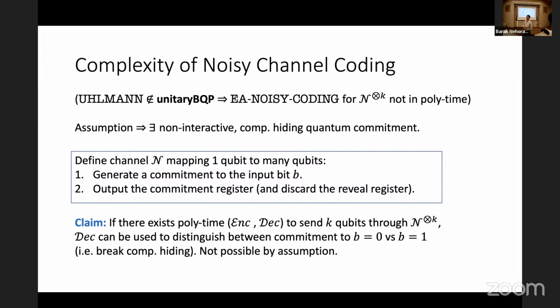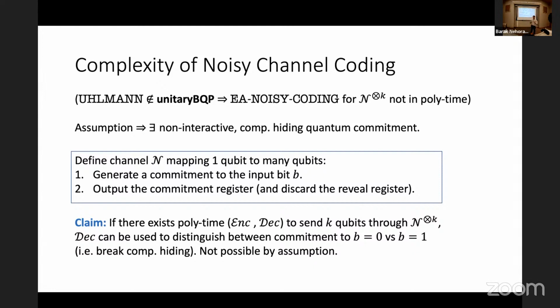Possibly something similar is true classically. You can run the same proof to argue that a classical commitment scheme shows that this is hard. I actually don't know about the upper bound though, whether you can achieve capacity.